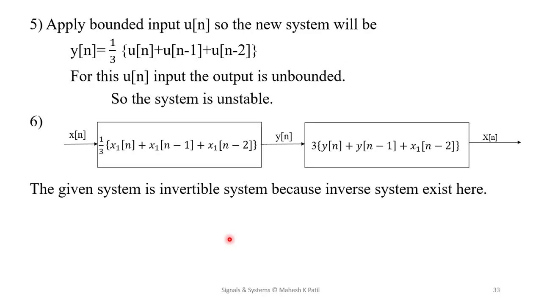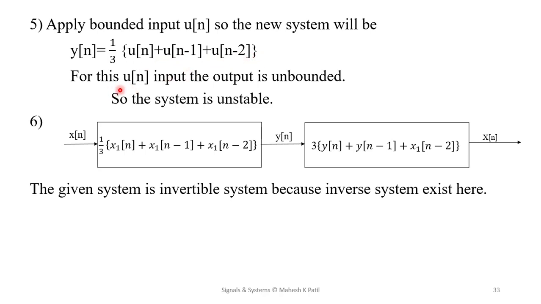Now we'll see whether the given system is stable or unstable. For the given system, you apply the bounded input u of n, that is unit step input. So the new system will be y of n equal to 1 by 3 in bracket u of n plus u of n minus 1 plus u of n minus 2.